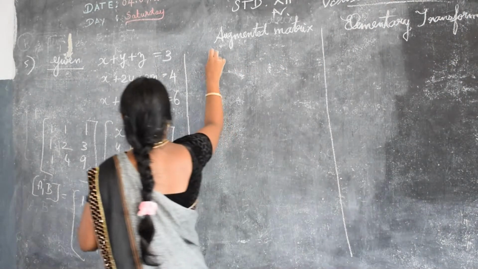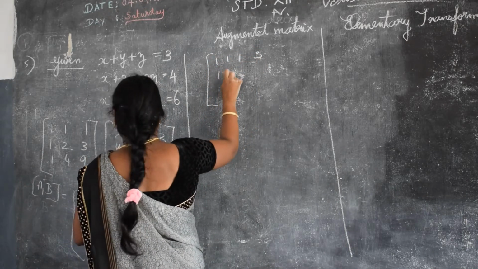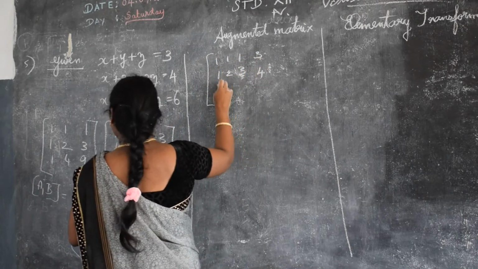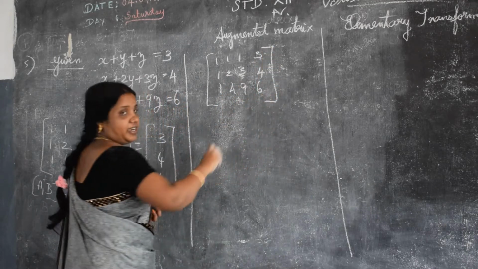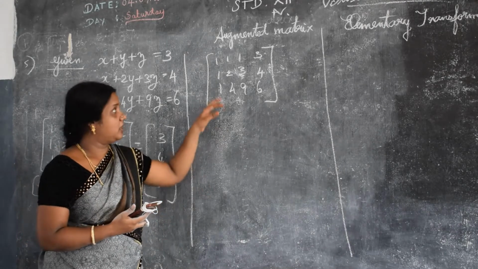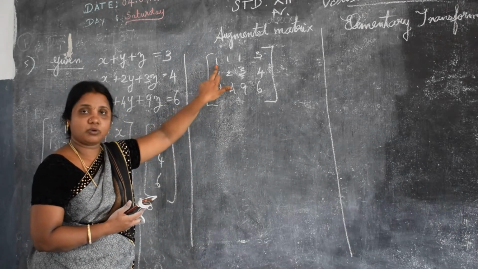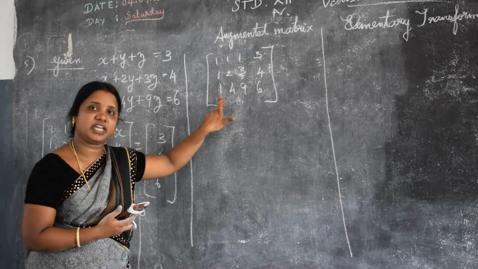Write our augmented matrix AB: 3, 4, 1, 4, 9, 6. Already I said we have to solve this and get echelon form. That means here, already 1 is there, so no need to change anything. Here we have to get 0.